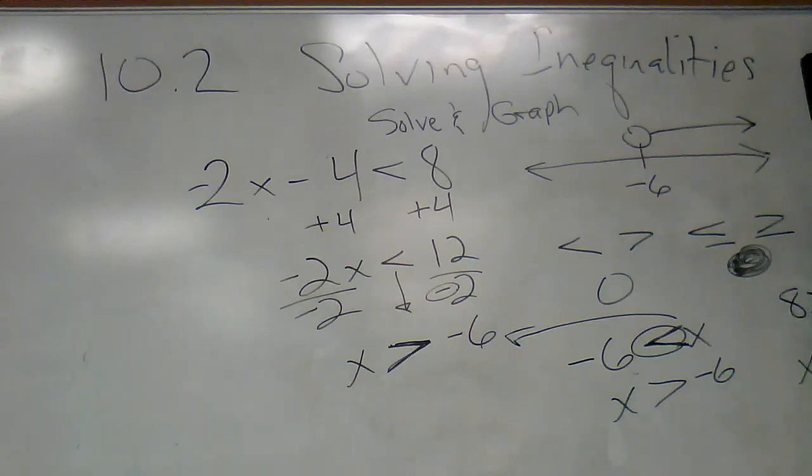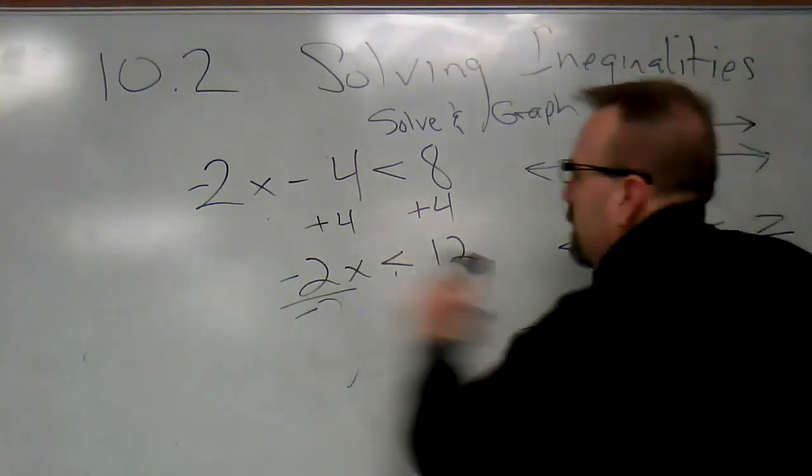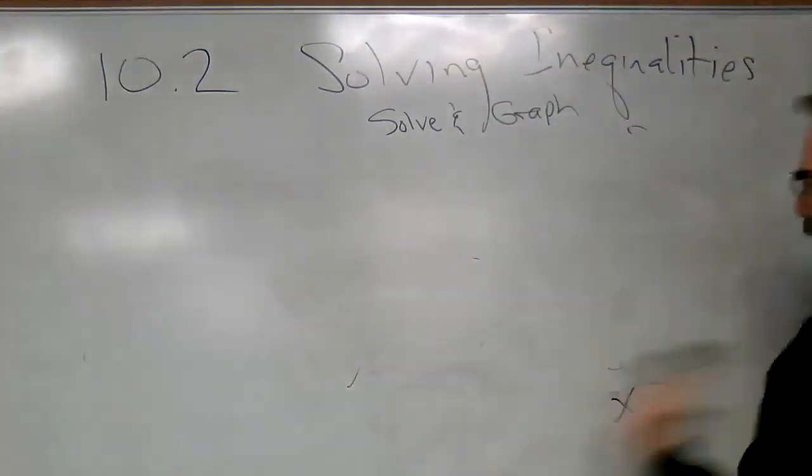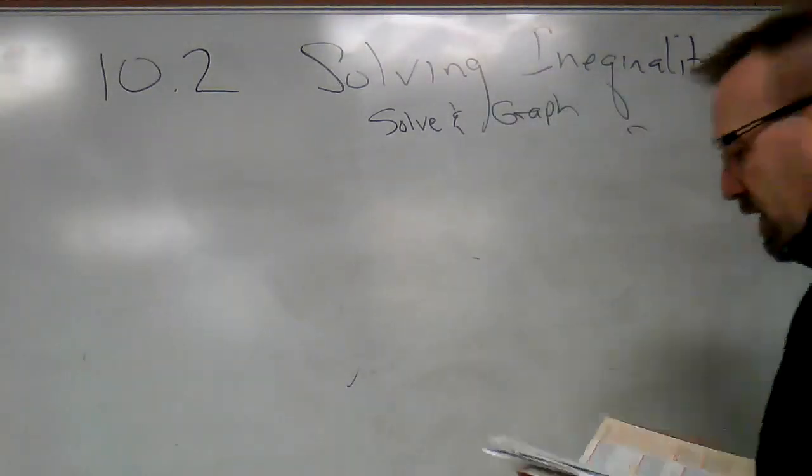Now, it would be very easy to graph that one. We would have a circle, or filled in dot at 8, and then it's pointing to the left. Okay. Let's do a few more of those. The nice thing is it's not really that new, but you haven't done it in a while, so it's just kind of a nice refresher.